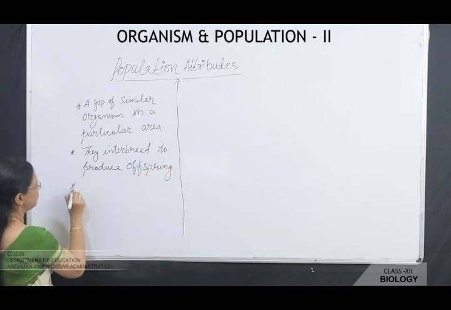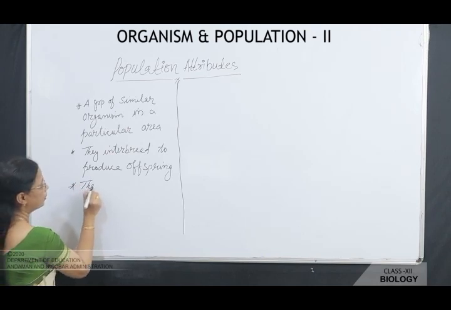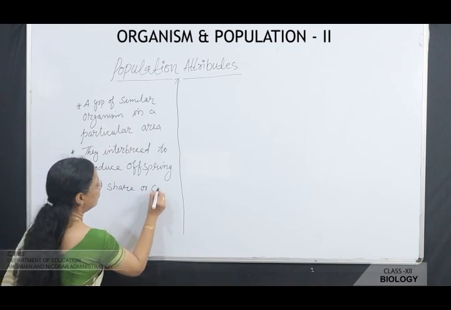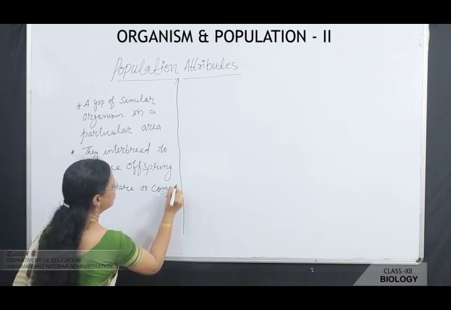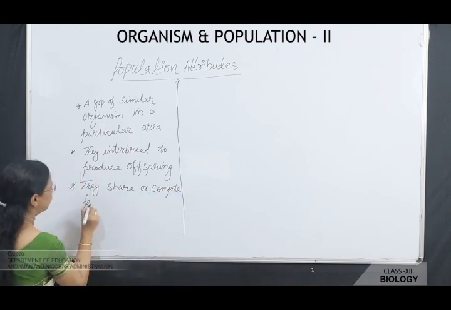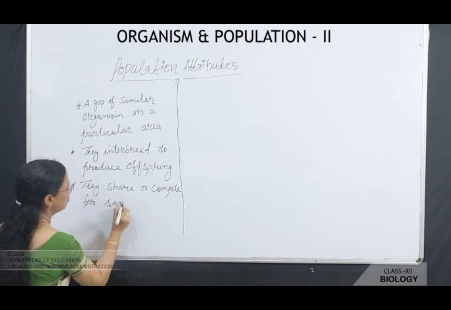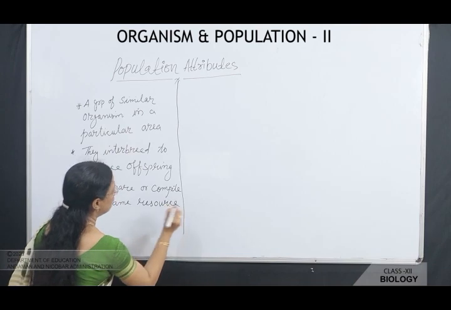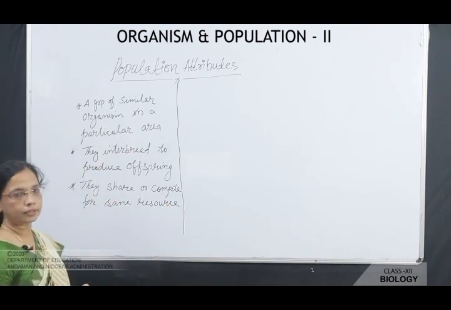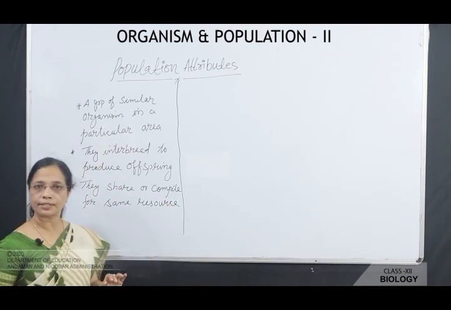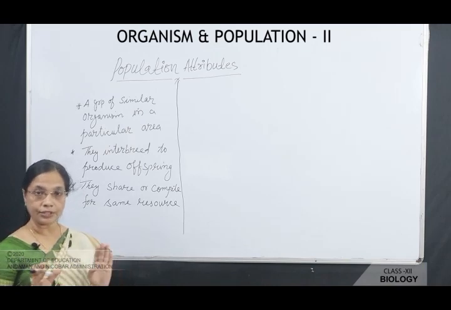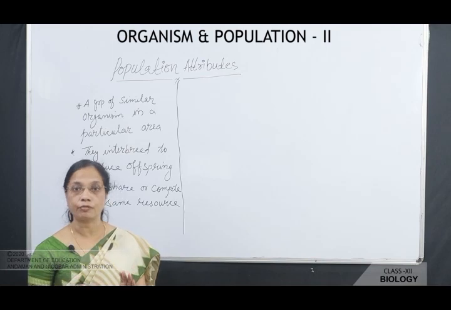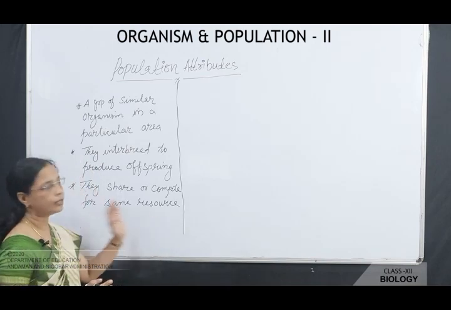Next, they share or compete for the same resource. So this is the population. That means a group of similar organisms in a particular area. They interbreed to produce offspring and they share or compete for the same resource.